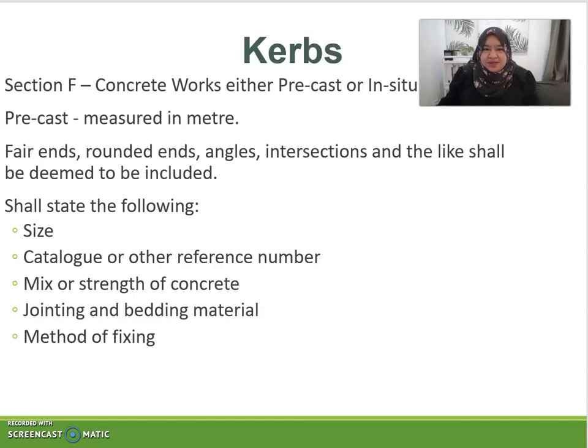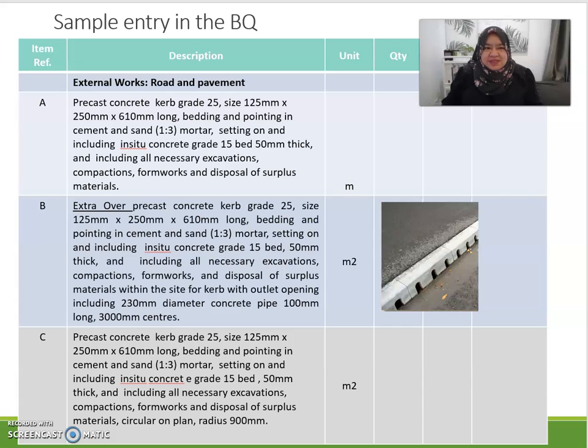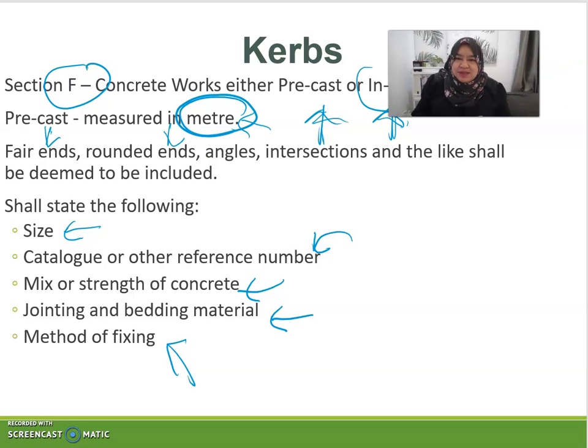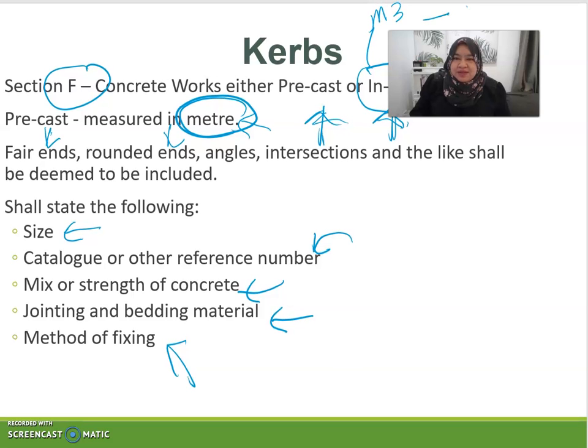For the curbs, it can refer to section F. For the item for curb, it should be referred to section F, whether it is precast or in situ concrete, and normally precast will be measured in meter. If it's in situ, normally it will be measured in meter cube. It includes the formwork.